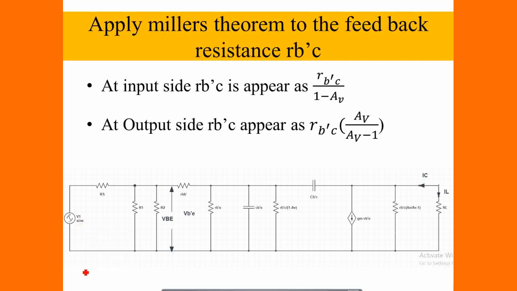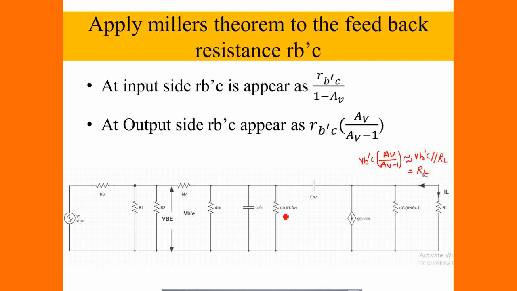Now, if you observe over here, RB dash C is much greater than RL. We know RB dash C into AV by AV minus 1 in parallel with RL is approximately equal to RL only at the output circuitry.